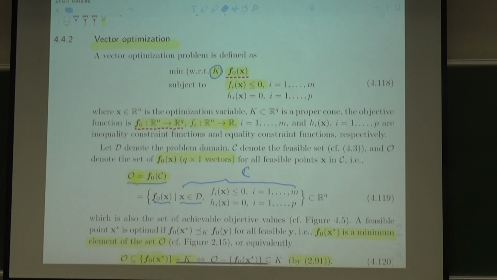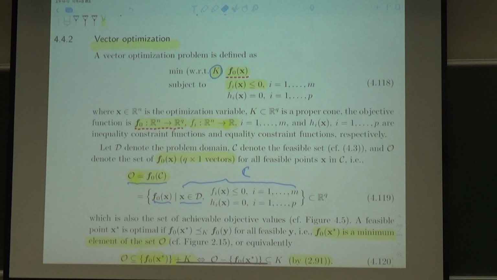Because section 4.4.2 is hard to fully understand, today I'm going to spend a little bit more time to review all the materials so far in section 4.4.2, the vector optimization.